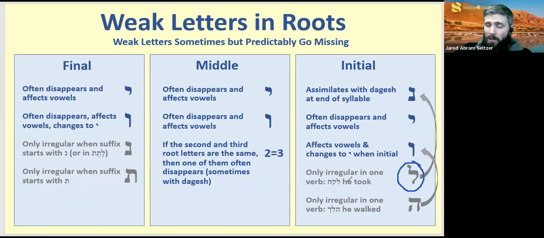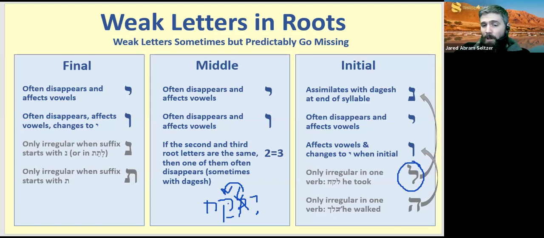There's a verbal root, lakach, which means he took. If you want to say he will take, you put a yod at the front, and instead of yilkach, the lamed assimilates, and it becomes yikach. Okay, so that's one verbal root where lamed is a problem, and it behaves just like that noon that likes to assimilate at the end of a syllable.